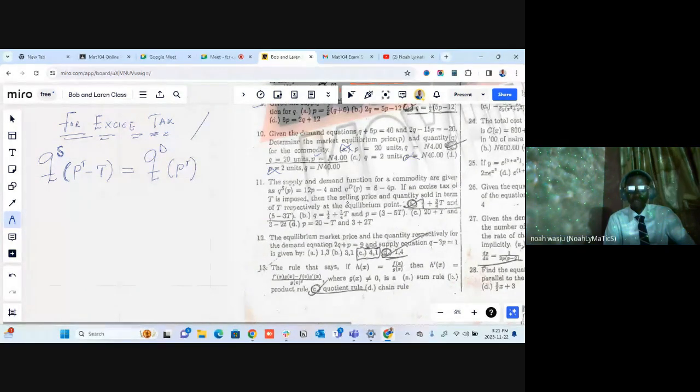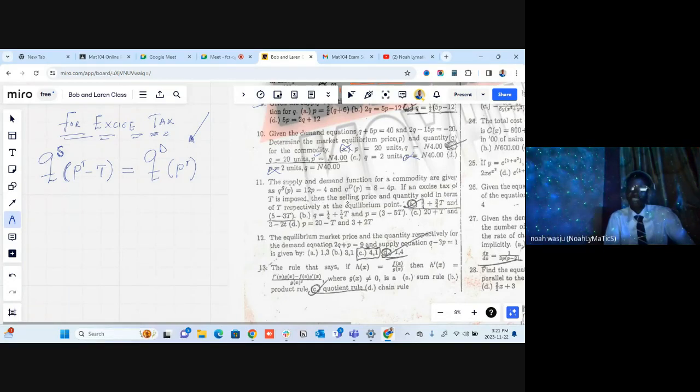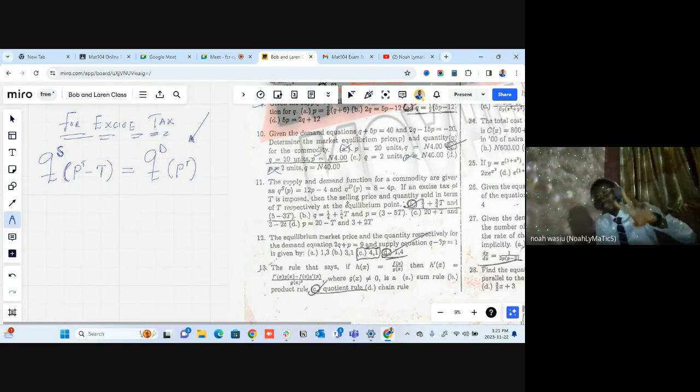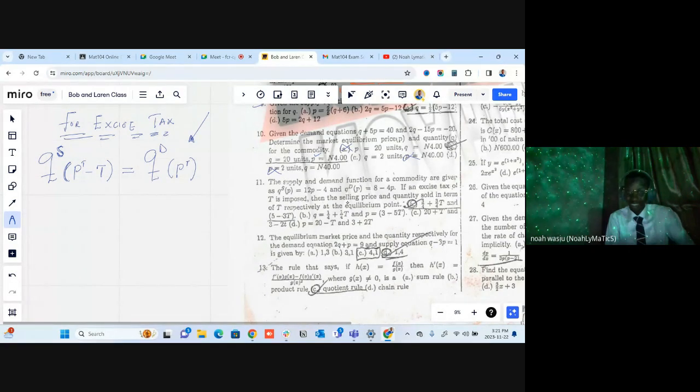This is a definition that you must know at all costs, at all times. Anytime you hear the word excise tax, this type of question appears twice. It's in question number 11, and I think it's also in question number 40-something. Anytime you come across any question based on excise tax, please remember this definition.